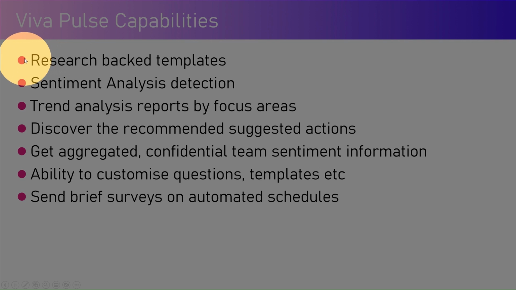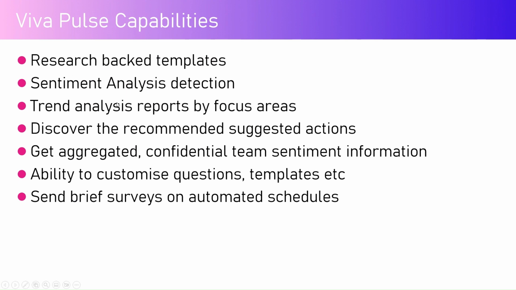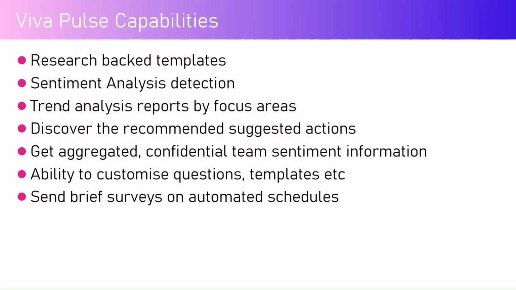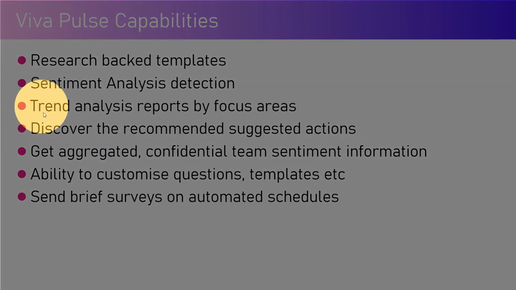Now, the capabilities of Viva Pulse: it has research-backed templates. It's industry-standard research which has already been conducted, and lots of lessons are incorporated within those templates. Sentiment analysis detection: it has a module which analyzes the sentiment of the outcome of the survey. Trend analysis reports by focus area: we gain insight on various parameters, and the dimension is time.